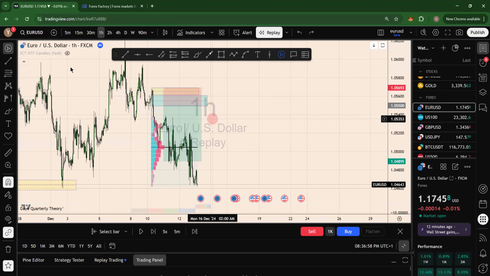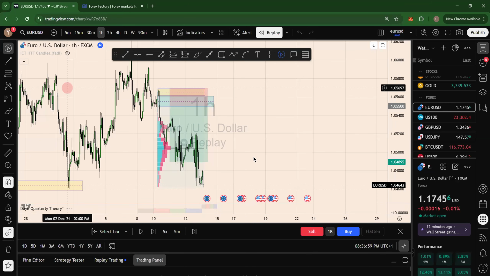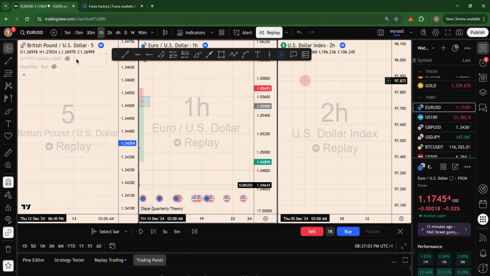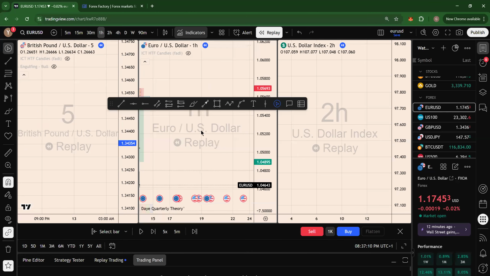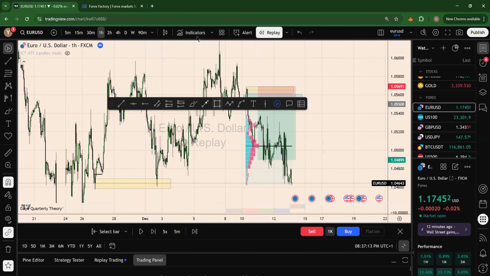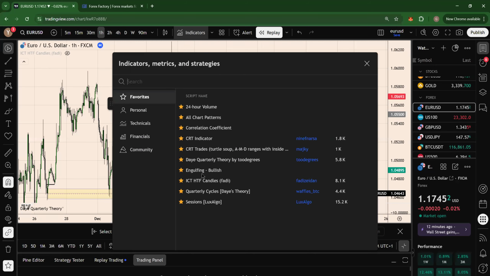I use indicators to show me time, I mean sessions. Like you can use Lux Algo sessions. That one is to show you time and price. You have this one, okay.